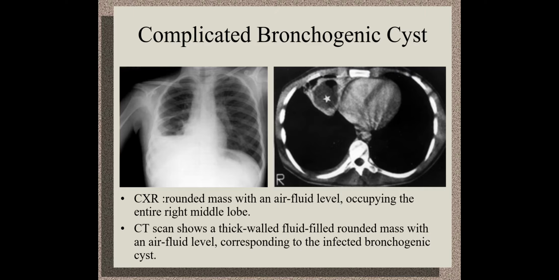Another case, ruptured, with an air fluid level in the right middle lobe. CT shows a thick-walled, fluid-filled rounded mass with an air fluid level corresponding to the infected bronchogenic cyst.